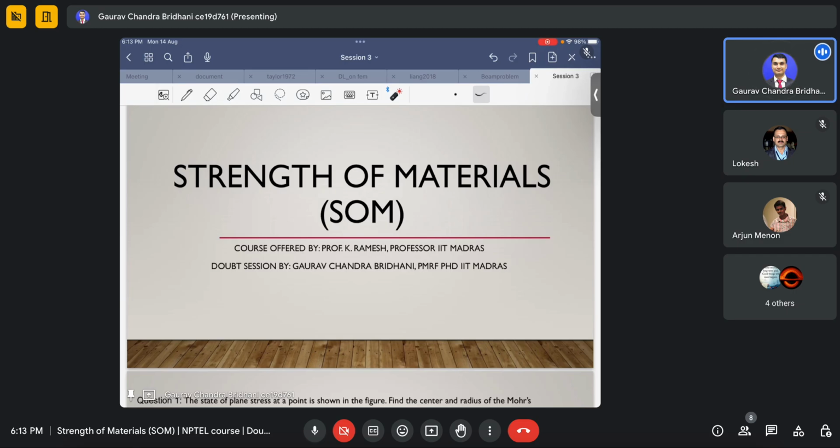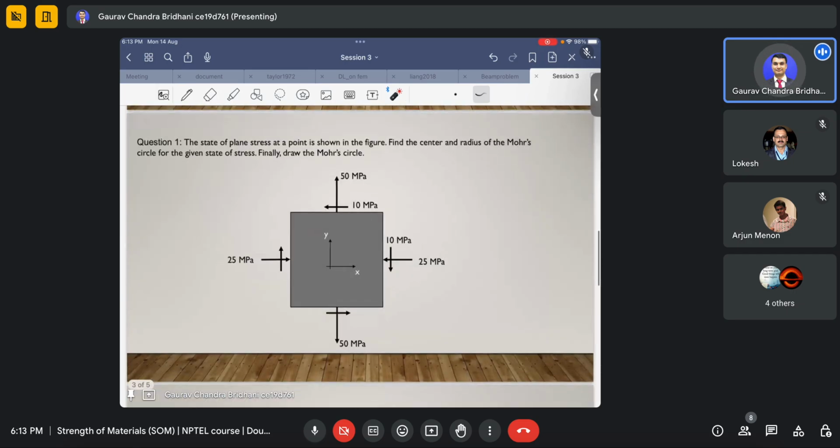Okay, so let's see the first question. Last time also we discussed the Mohr circle for a very basic, very simple problem of pure shear. This time I brought a little bit different problem, a mixed kind of problem, where you have a fully populated stress tensor, and it's a plane problem.